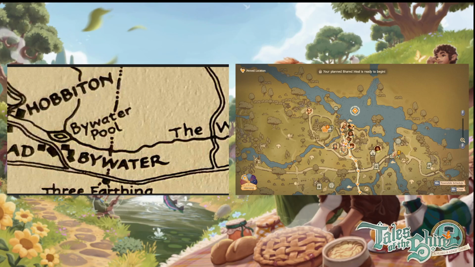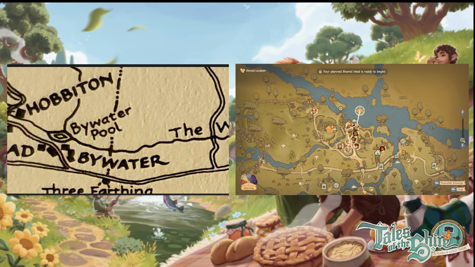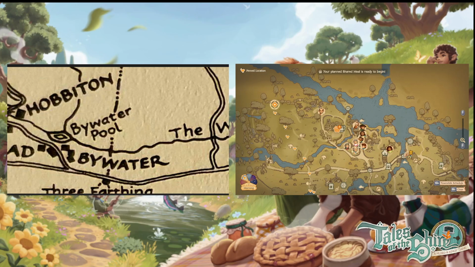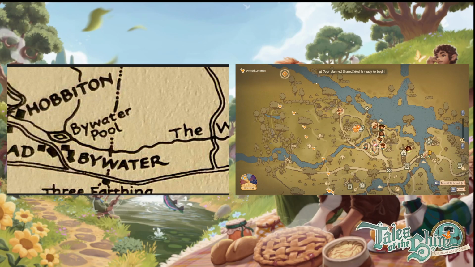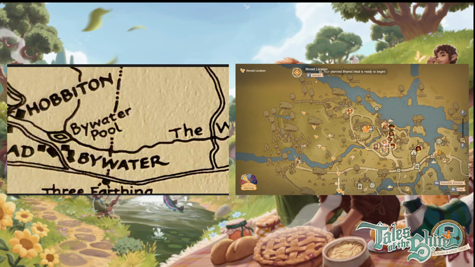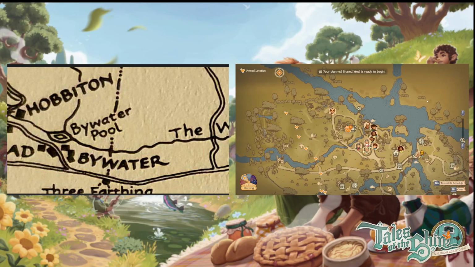But if you follow along on our other map, this little fork in the road past Sandyman's, there seems to be a little outline of another road right here. That's the road on the map on the left that continues to Hobbiton. So maybe at some point, if they expand the map around this area, they might reveal it to be Hobbiton, where you can then cross the river and all that.